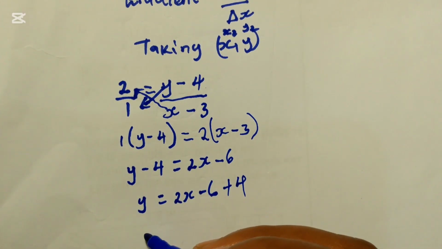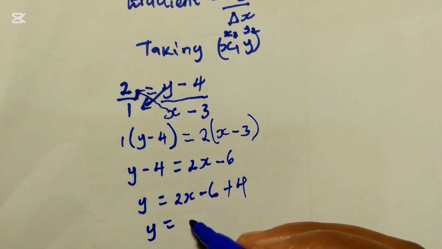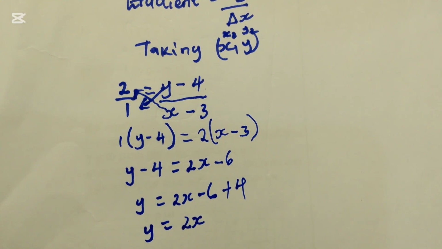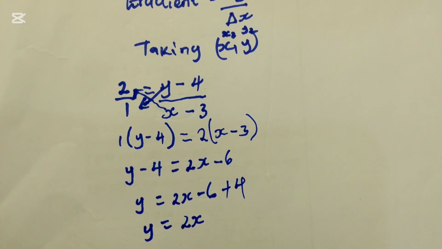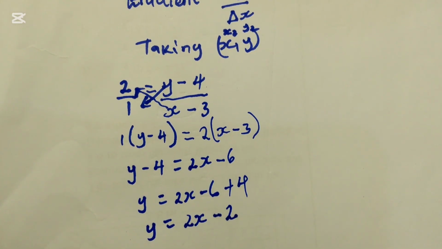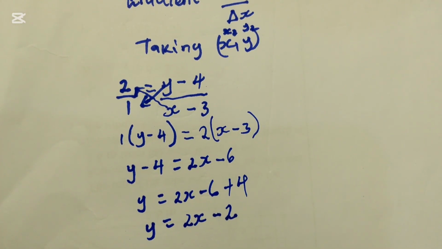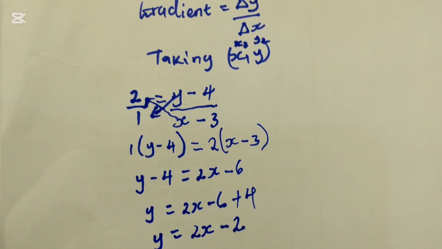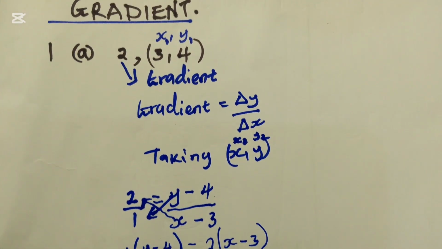So we'll have y being equal to 2x, negative 6 plus 4 is negative 2. So y equals 2x minus 2, and that is the equation of that line given a point and gradient.